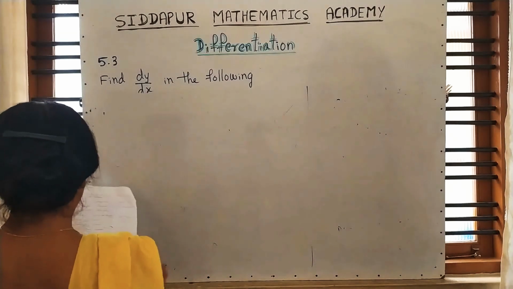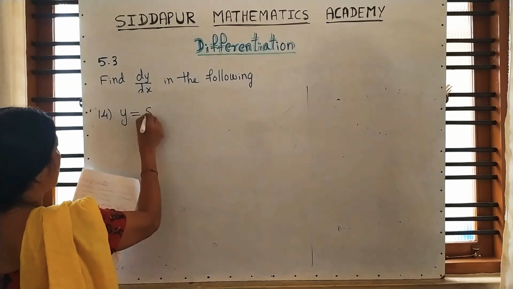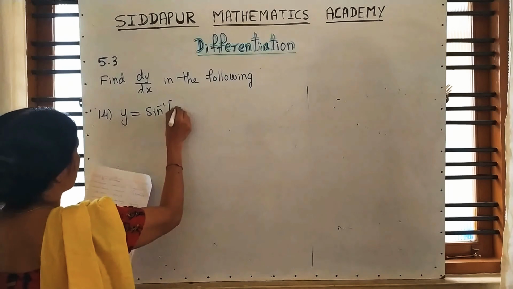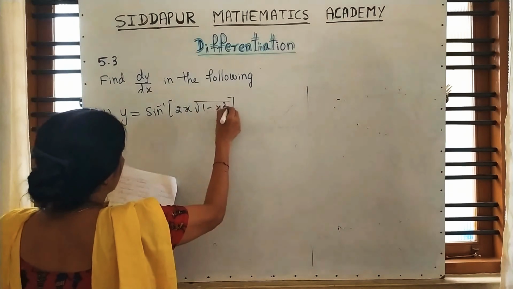Question number 14. Y is equal to sin inverse of 2x into root of 1 minus x square.